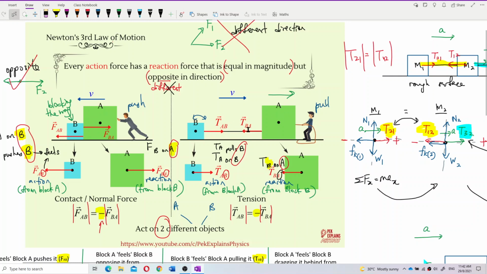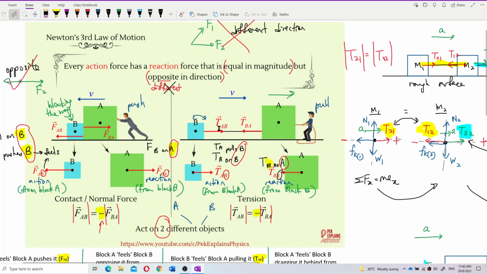TAB and TBA are equal in magnitude, but with a negative sign, meaning they are opposite in direction. TBA acts on block A, TAB acts on block B, but they have the same tension although they have different mass.